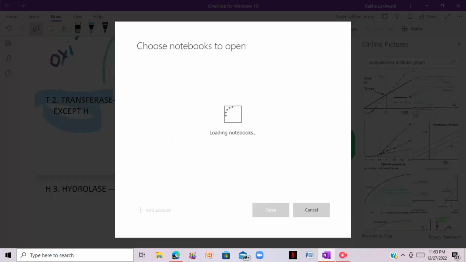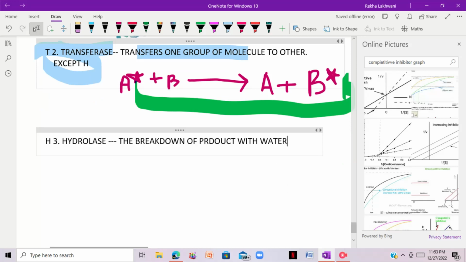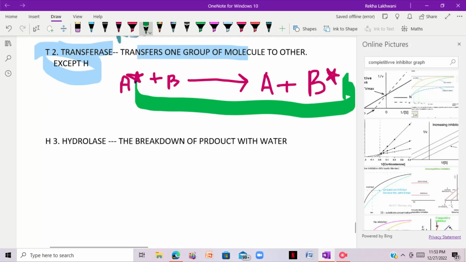And after the reaction, we saw that A has bond with H, and B has bond with OH. It means their AB bond has been broken down just because of this water. So the enzyme used over here is known as hydrolase, right?